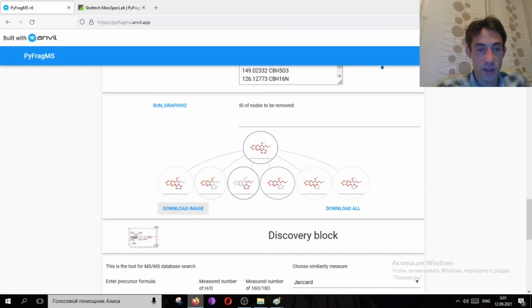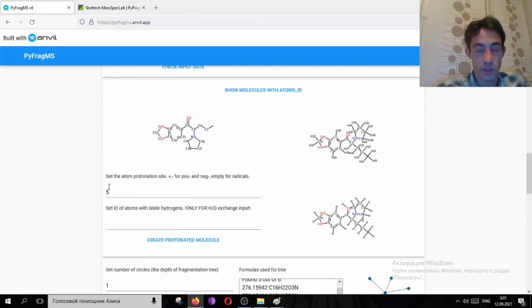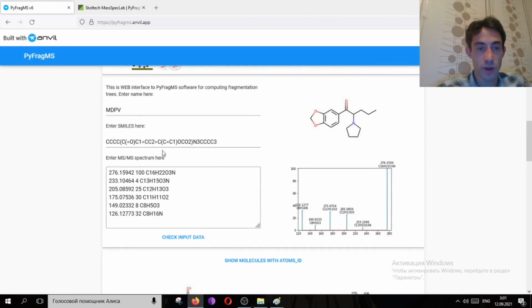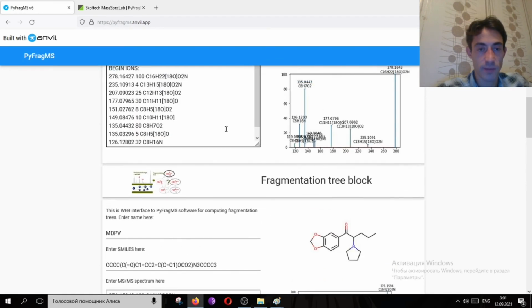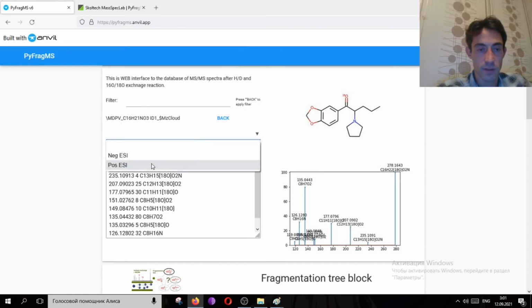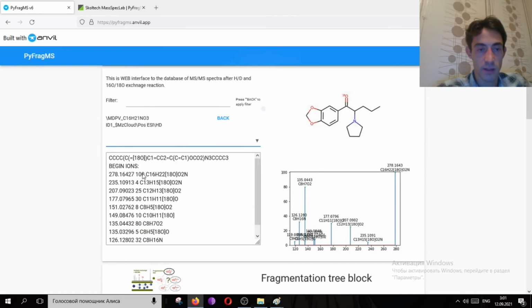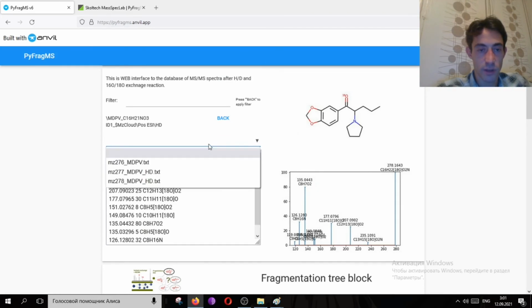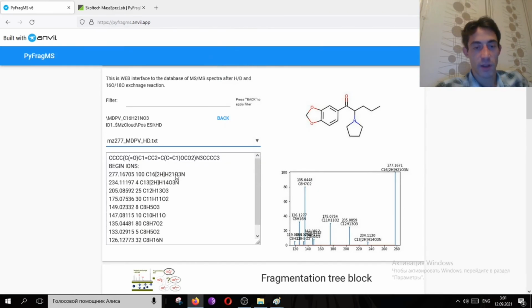And if we go to our database, for this molecule we can check the inclusion of deuterium in the fragmentation spectra.